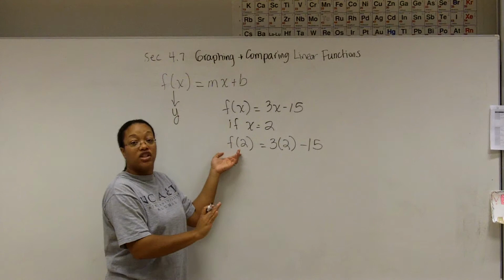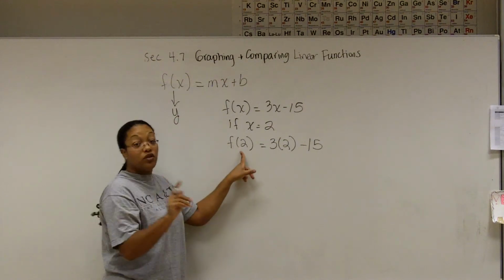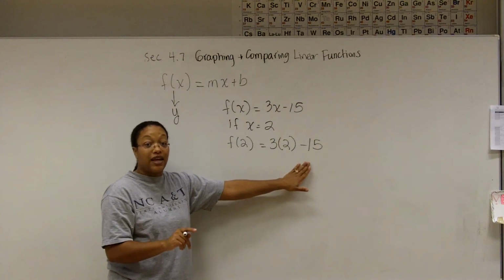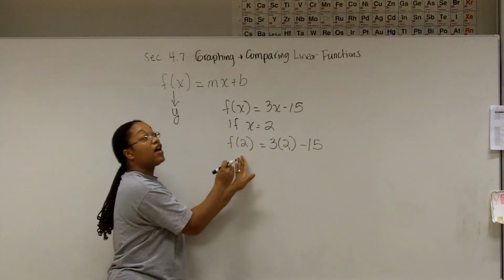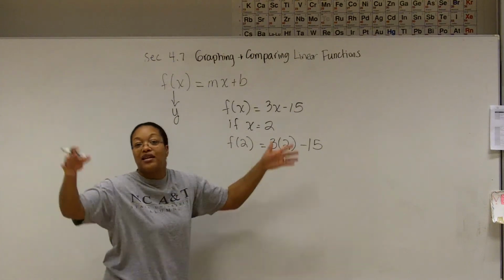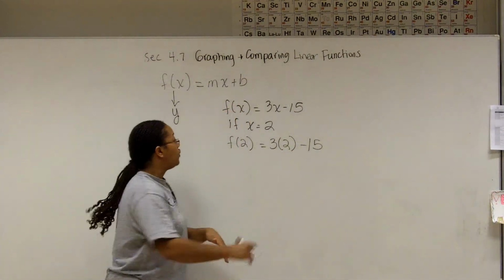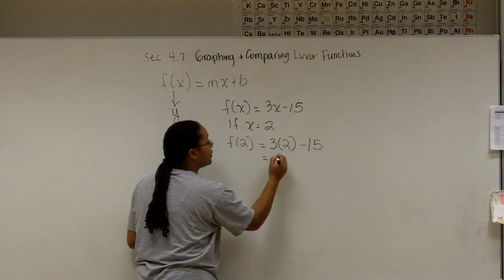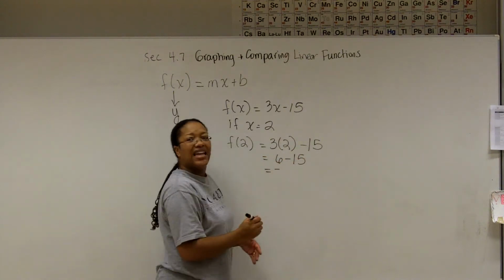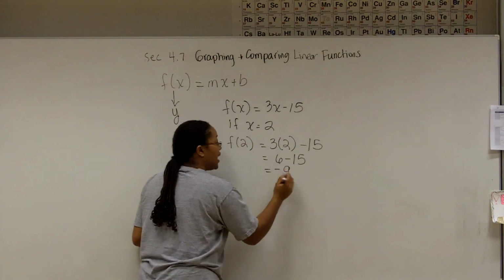This is just notation. This is saying to you that whenever your x is 2, the answer that we're going to get is going to be the value for that function when x is 2. It's just fancy smancy mathematical writing. You're still going to say 3 times 2 is 6, subtract 15, it's still going to be negative 9.